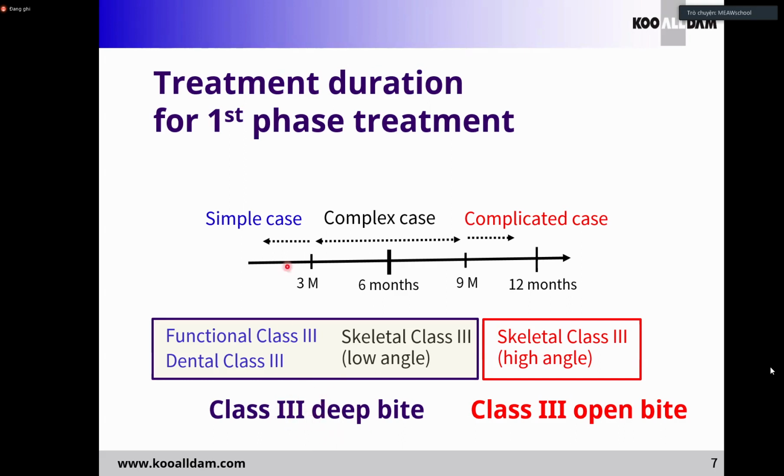So is this a simple case or a complex case? Especially functional class 3 and dental class 3, and also class 3 low angle case, we can achieve a good result, even though the patient shows class 3 deep bite, severe anterior crossbite malocclusion.